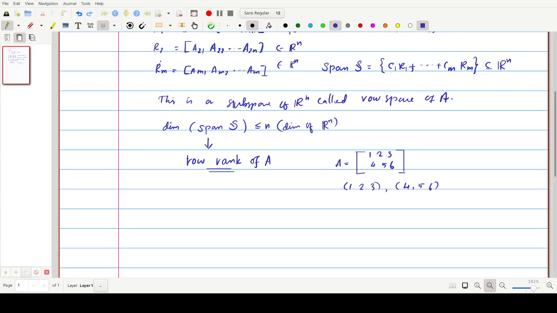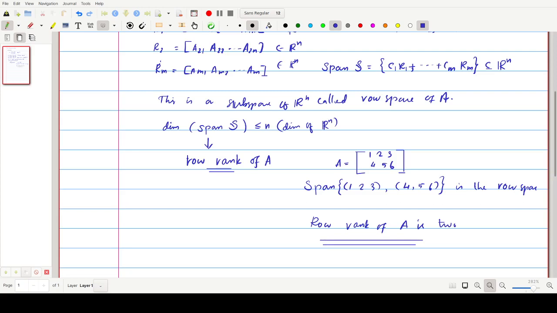The span of these is the row space of A, and since these are linearly independent, the row rank of A is 2. So this is the example.